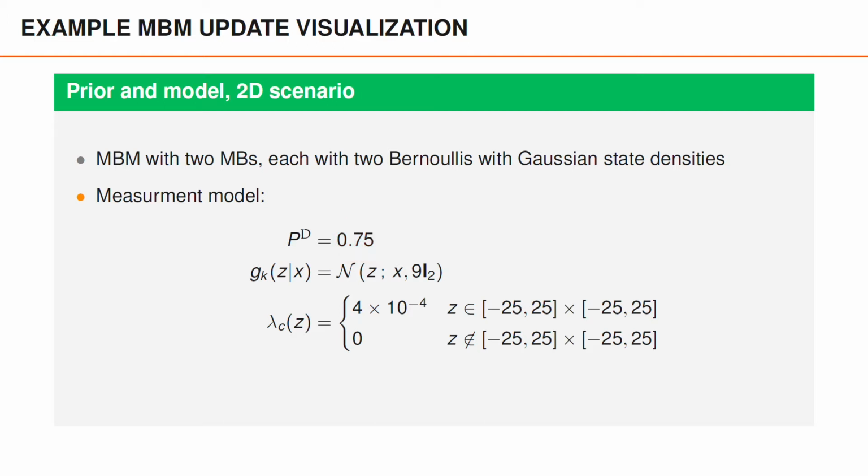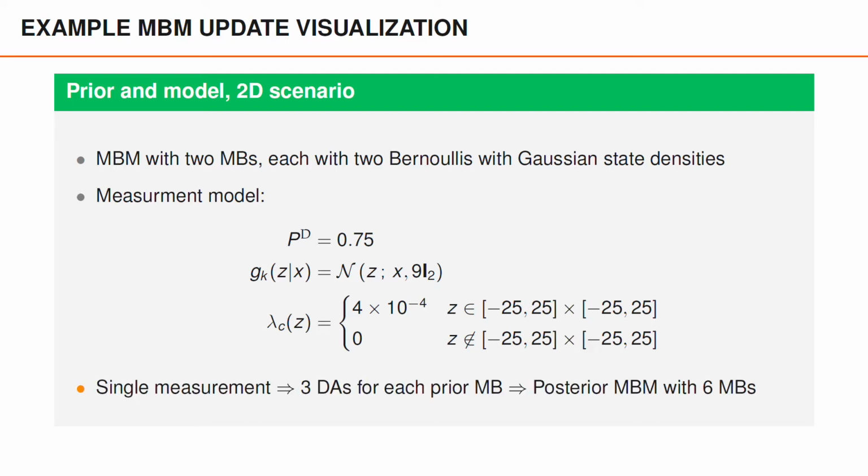The measurement model G is a Gaussian PDF with mean equal to the object state and covariance equal to 9 times an identity matrix. The clutter is 4 times 10 to the power of minus 4 in the surveillance area and 0 outside. The two-dimensional surveillance area is minus 25 to 25 in both dimensions.